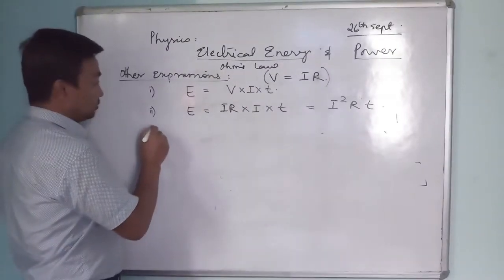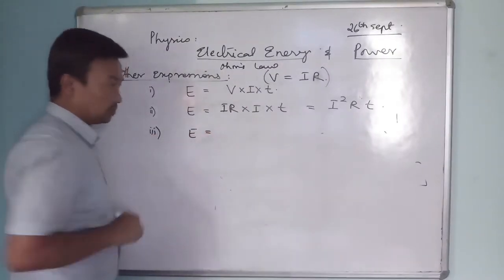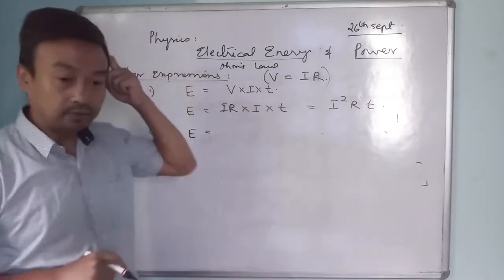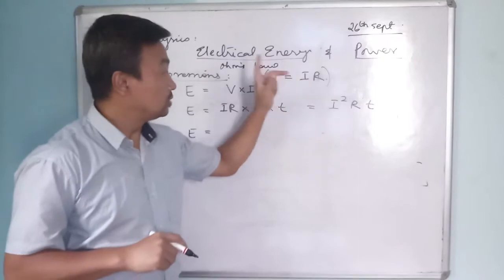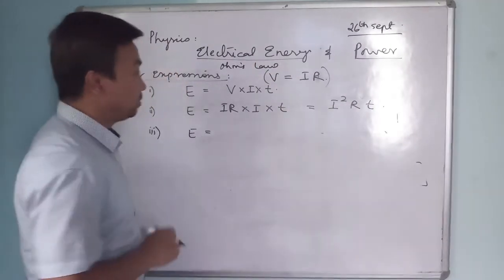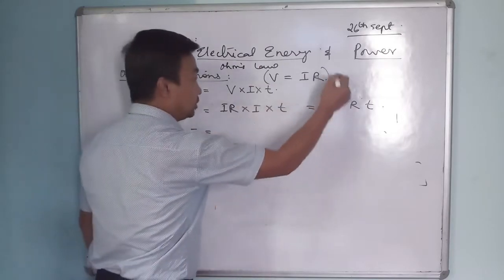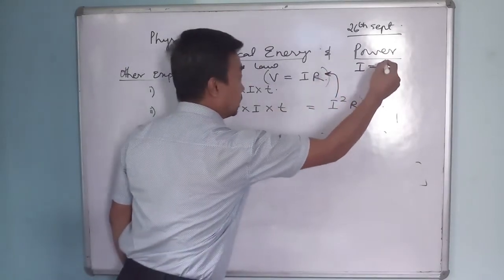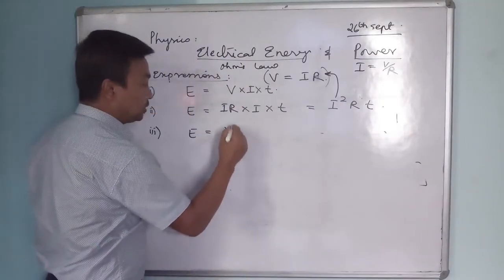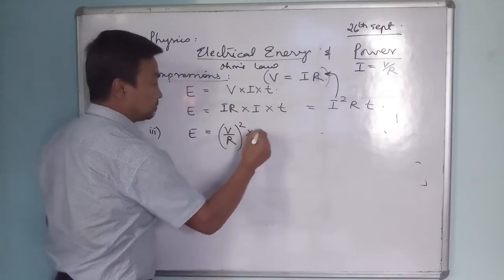Likewise, you also have the third expression for this electrical energy. Now we can express it in terms of the potential difference and the current. Suppose now you want to replace the current. So from Ohm's law, I will be V upon R. So in place of I, you replace that.